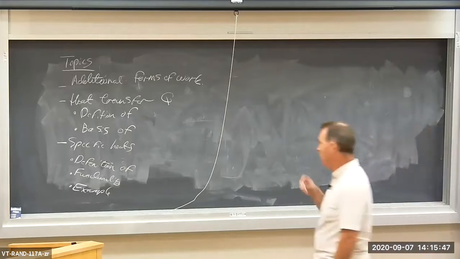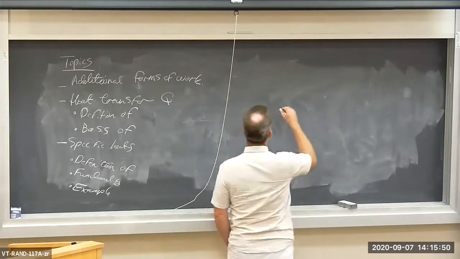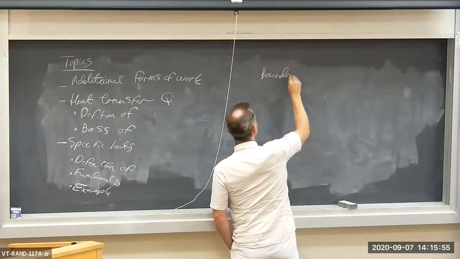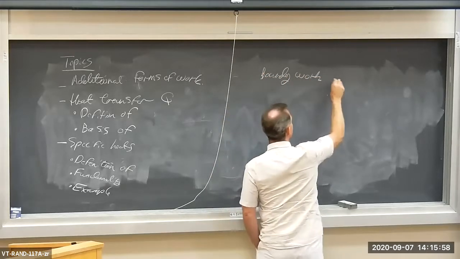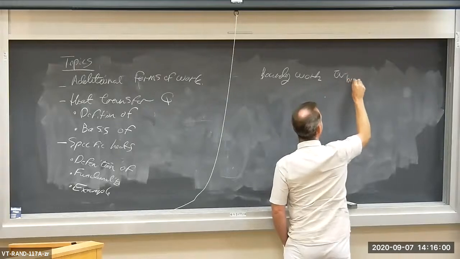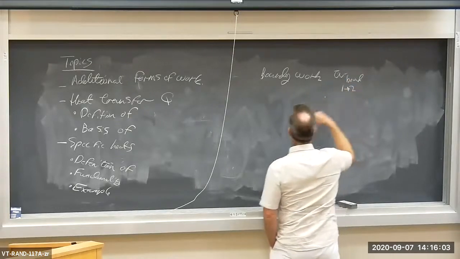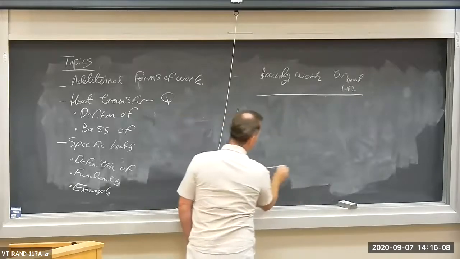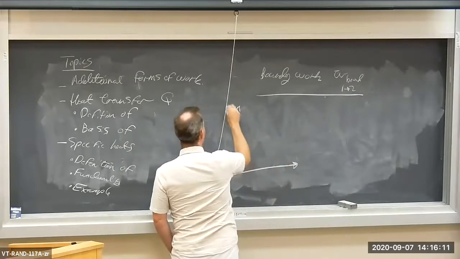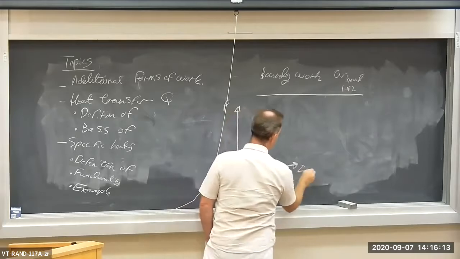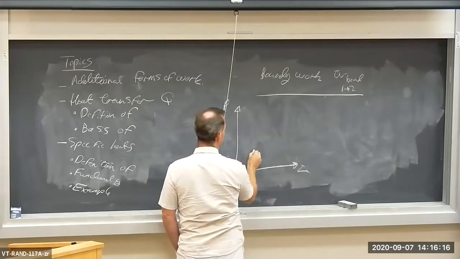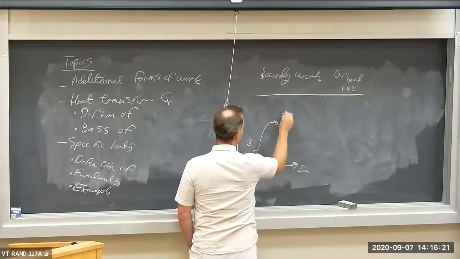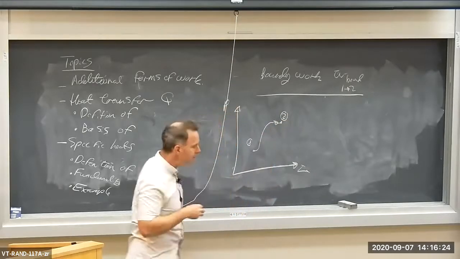All right? So let's review a little bit from last time. So we have boundary work, from, let's say, state 1 to state 2. So we have a system which moves, and I have a PV diagram, a pressure and volume diagram for the system. A system which moves from state 1 to state 2 along the path that you see here.